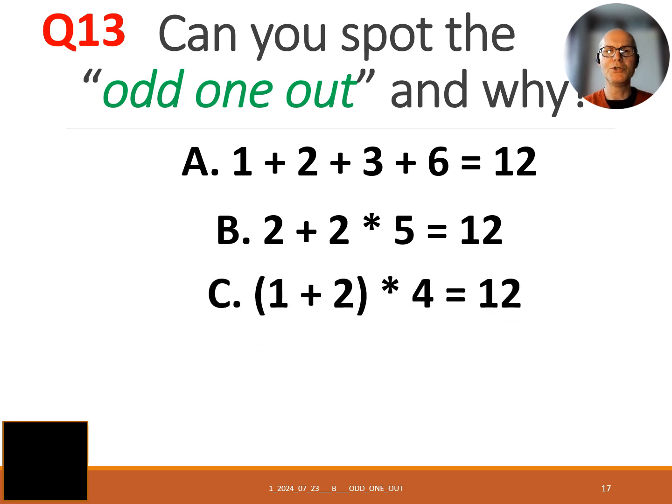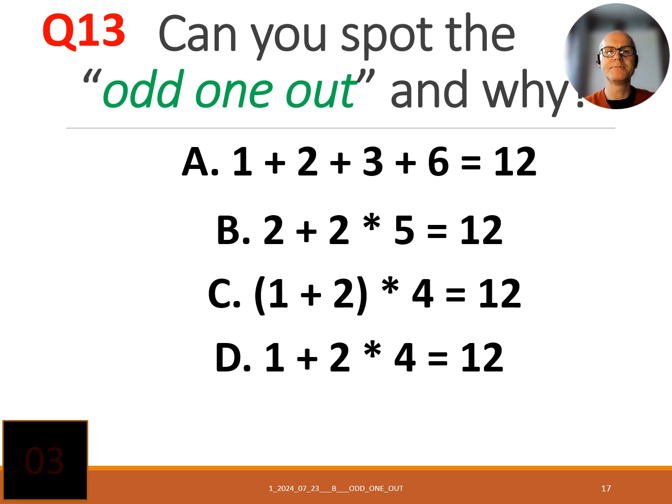C. 1 plus 2 in brackets times 4 equals 12. And D. 1 plus 2 times 4 equals 12. What's the odd one out and why? This is a question regarding BODMAS.